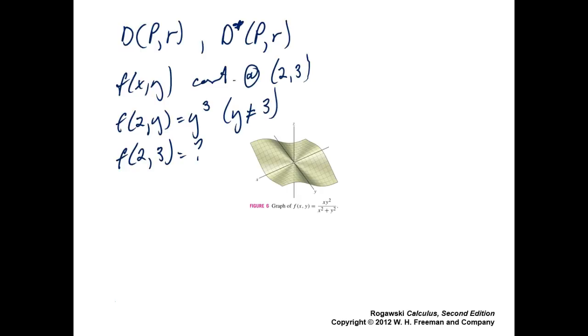Yes? Okay. Now, they said f is continuous at 2, 3. So that means you can't have any major breaks or holes or anything else there.